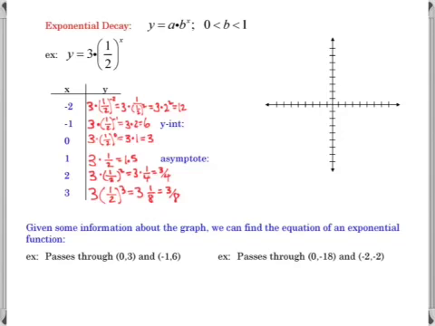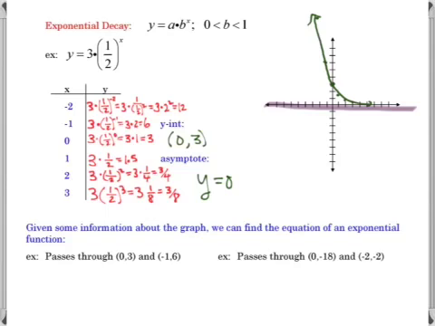So each time I'm multiplying by a half. If we were to plot these points, we'd get that exponential growth curve mirrored over the y-axis. My y-intercept, when I plug in x is 0, I'm going to get out 3. The asymptote is still y equals 0, now as x goes to positive infinity, and I plot my points, and there's my exponential decay curve.